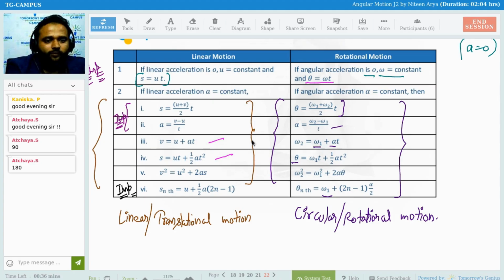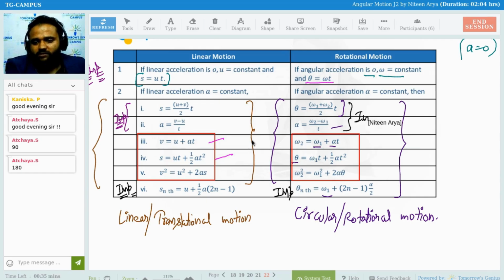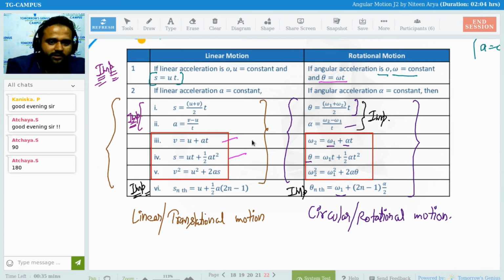These three equations are well known for each and everyone, but the upper two, the below two, and the below one, you are going to use in important cases where the complexity of the numericals is a little bit high. And these two are important. Clear, everyone? This table itself is very important.